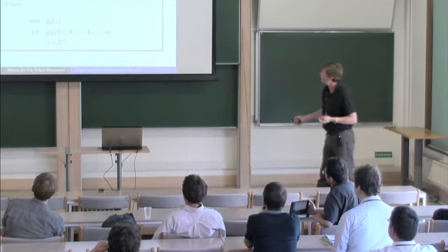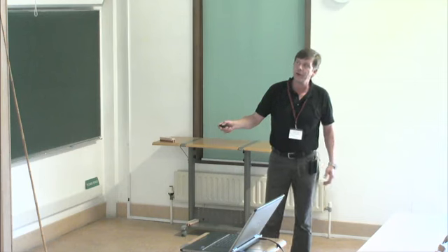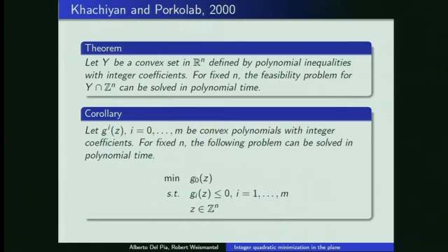Once you have this, if the dimension is fixed, you can decide in polynomial time in the encoding length of your given set whether the set contains an integer point. That's an extension of Lenstra's algorithm. And then from this, it's very clear that you can also tackle corresponding optimization problems where you minimize g0 subject to gi of z less or equal to 0, under the assumption that everything is convex, of course. This is what we need.